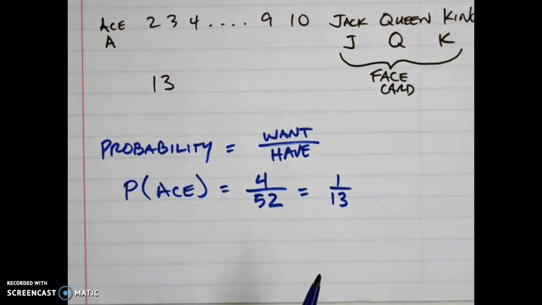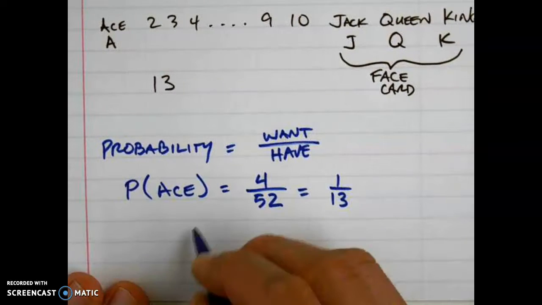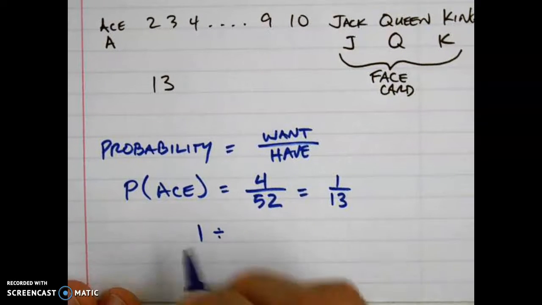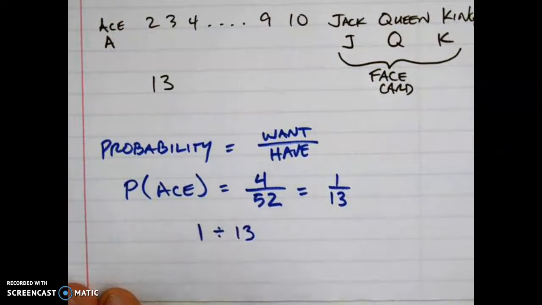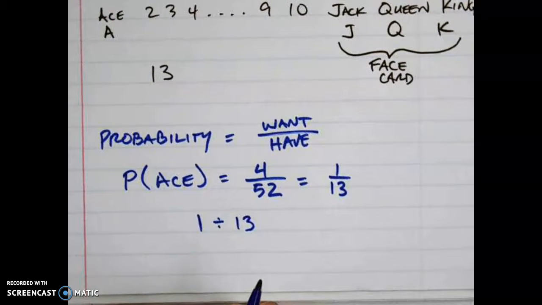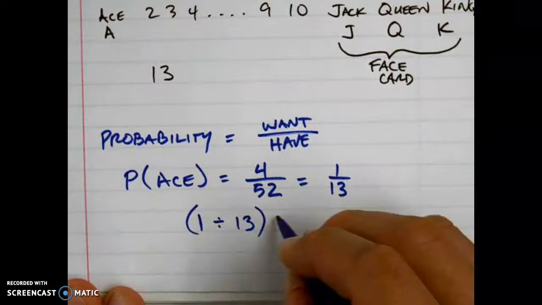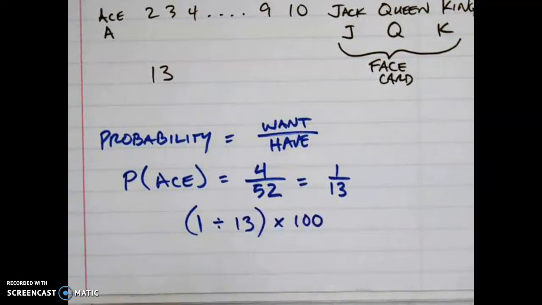What if I asked you to do this as a percent? What if I said, what's the probability as a percent of my chances of getting an ace? Do you guys remember the first assignment? The first assignment we had to change them back and forth. If I divide it, I get the decimal. And then what do I do? There you go.